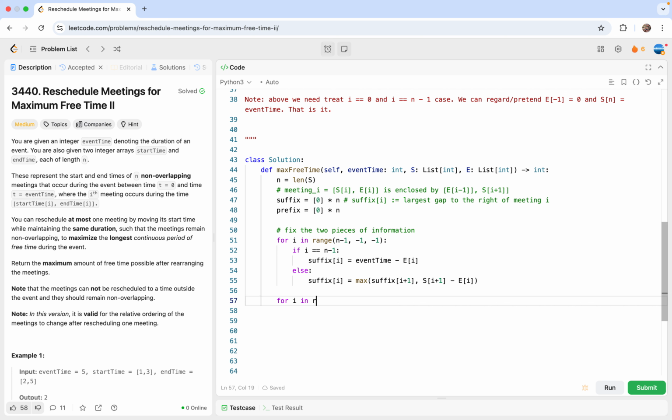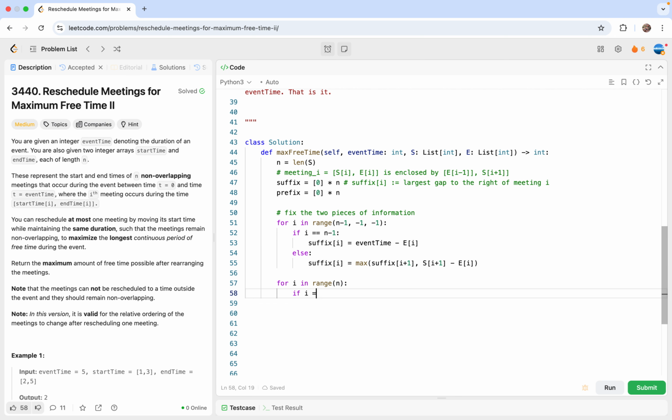So for i in range n, right? If i equals 0, we regard the start as 0, then prefix i would be Si. So it's just Si, or if you like, you write Si minus 0. Here I write minus 0 in order to make the logic clear. This is the one case.